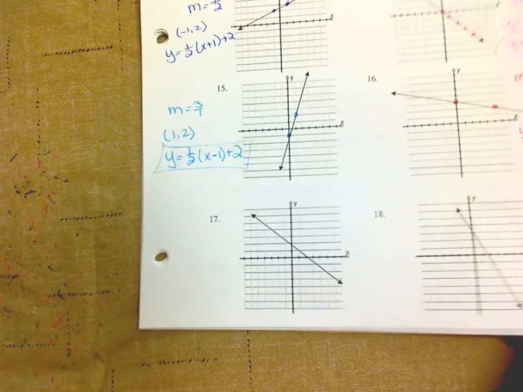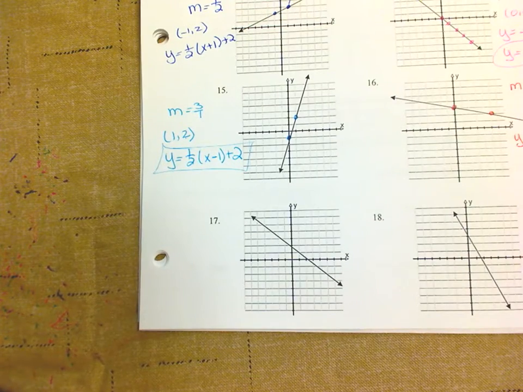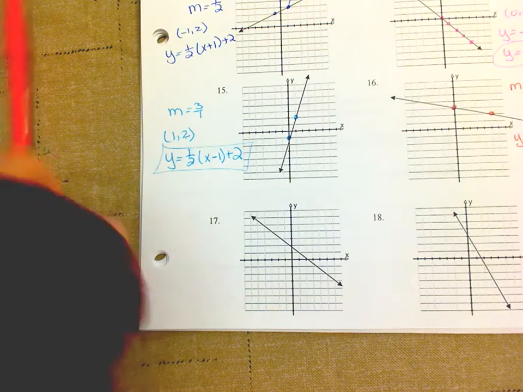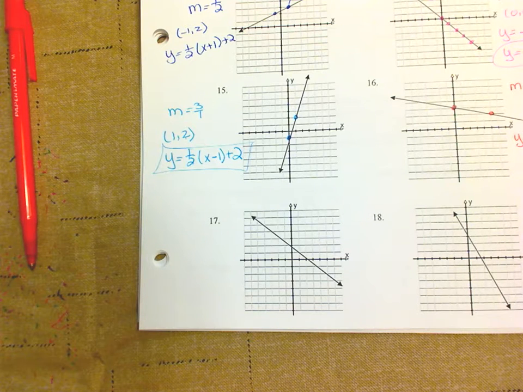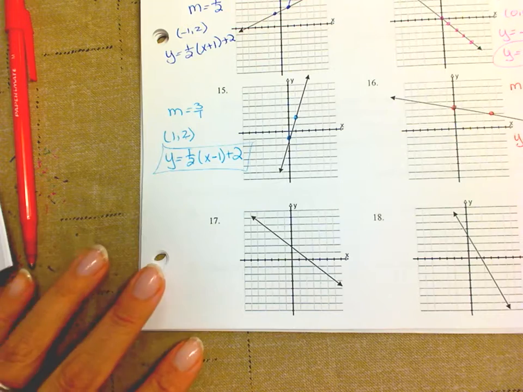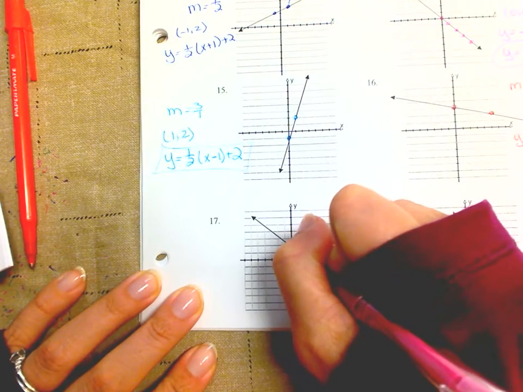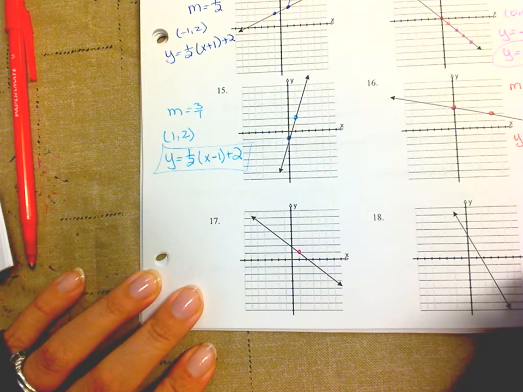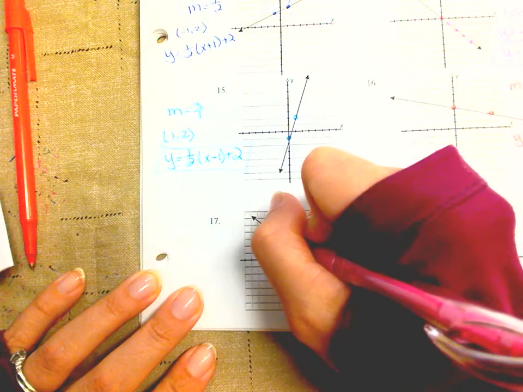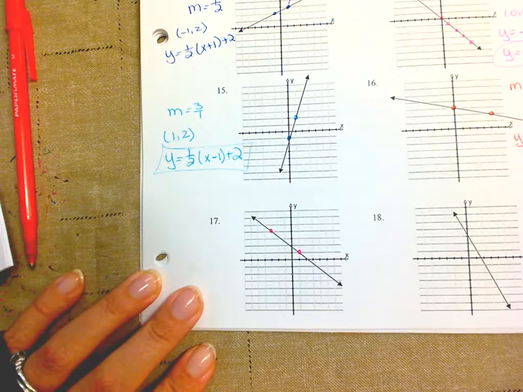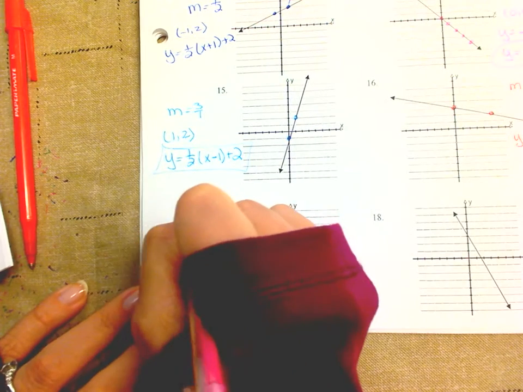And the last two. Number 17. Looking for some exact points. This is one. And let's go with this one. So my slope is definitely downhill.